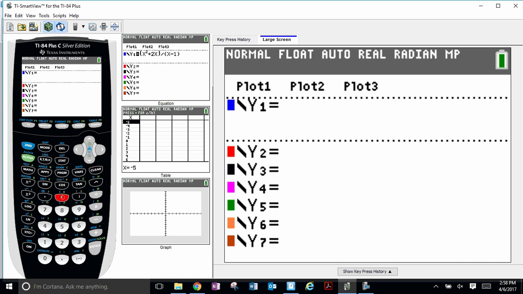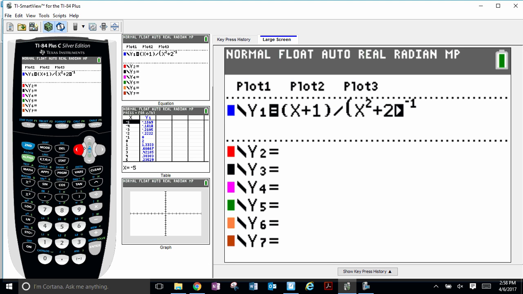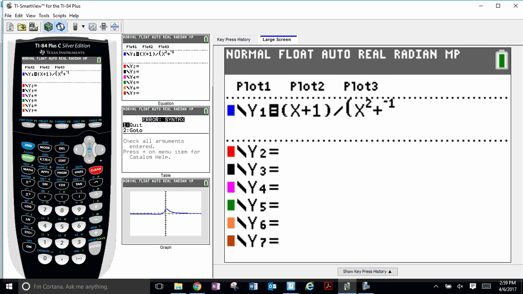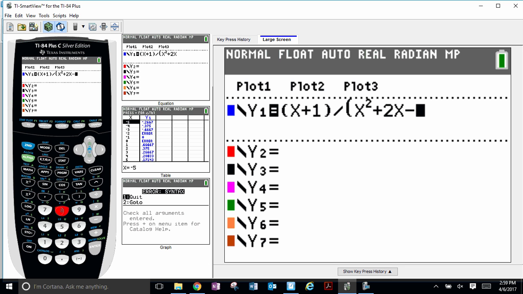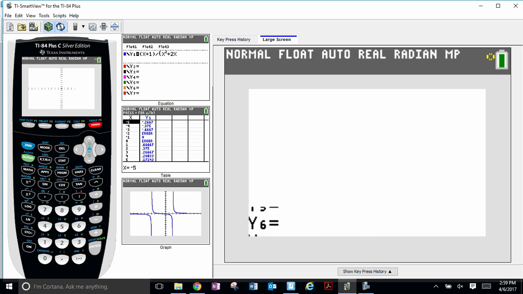So what I'm going to do is I'm going to put parentheses and then x plus 1 is my numerator divided by parenthesis x squared plus 2x minus 8. Close my parentheses. All right, I'm going to graph it.